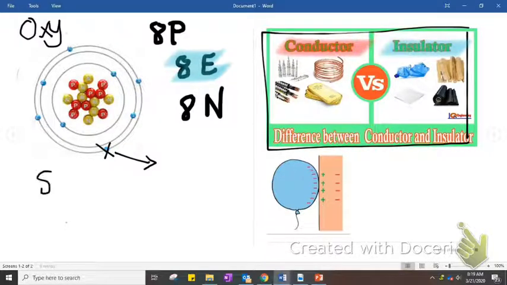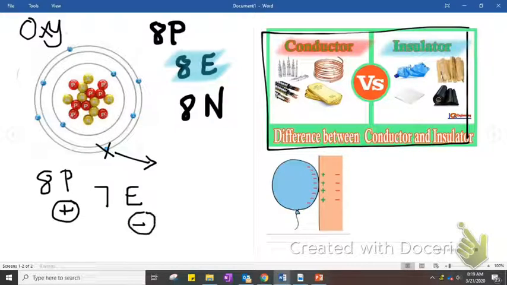The oxygen atom would still have the 8 protons, so it's still oxygen, okay? But when the electron leaves, it's only 7 electrons. Since protons are positive and electrons are negative, that would cause this oxygen atom to be mostly positive.